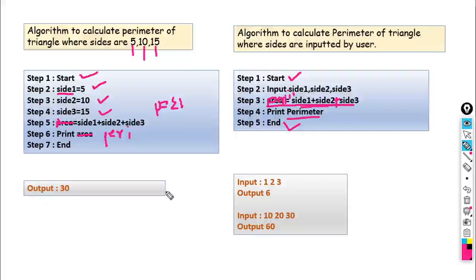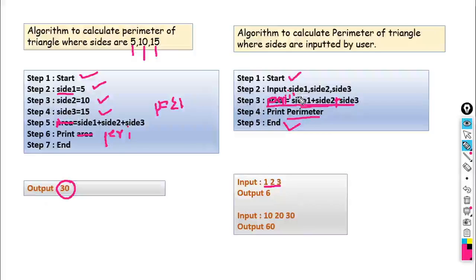So how will it get executed? When we execute the first one, it gives you a constant value because the sides are constant. Here when we execute this algorithm, it will ask for values for side1, side2, side3. So inputs are given like this: 1, 2 and 3.